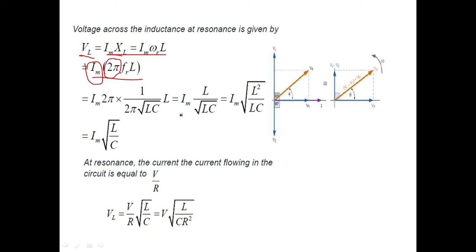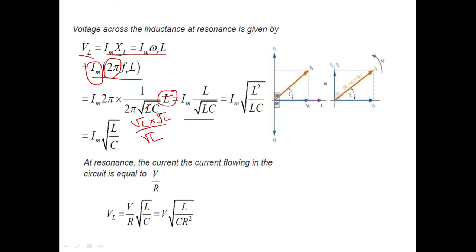For the next step, the L parameter cancels out, and only one L parameter remains, because root of L upon root of L into root of L: root L square, the root gets cancelled, and only the L parameter remains.